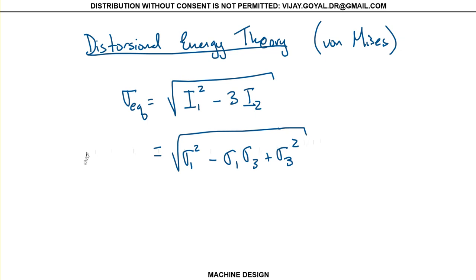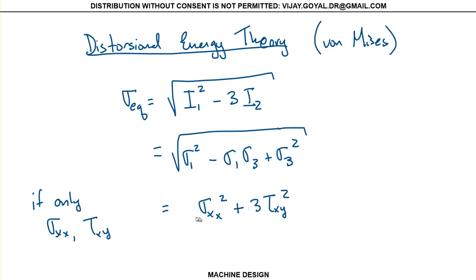Now, if we only have sigma xx and a tau, let's say tau xy, then this equals the square root of sigma xx squared plus 3 times tau xy squared.